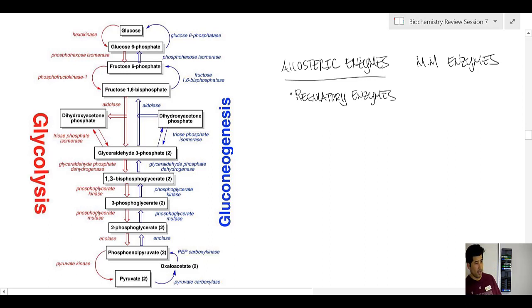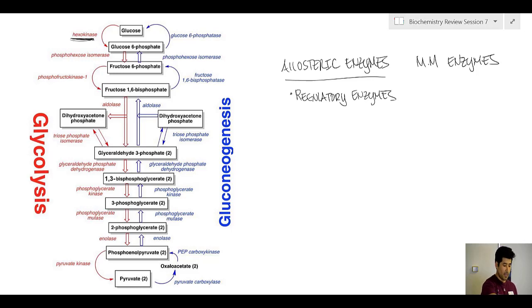Is it enzyme 1, 5, 20? The first regulatory enzyme in glycolysis is hexokinase. This is not an arbitrary fact that I'm telling you. This is something that you're going to want to know.